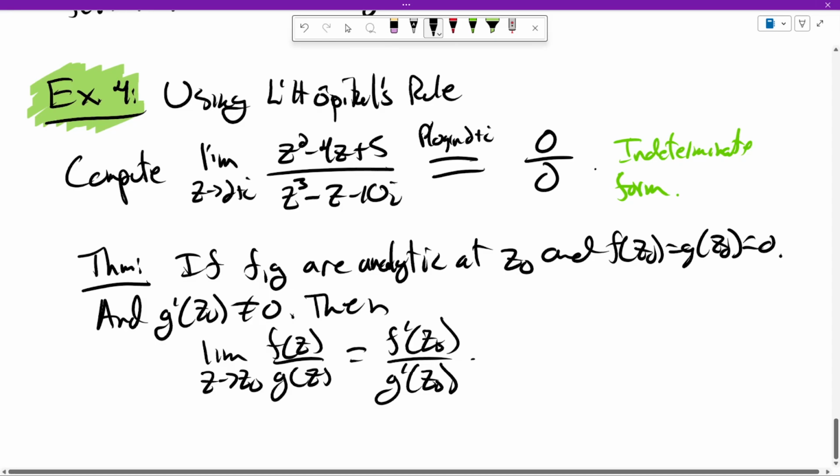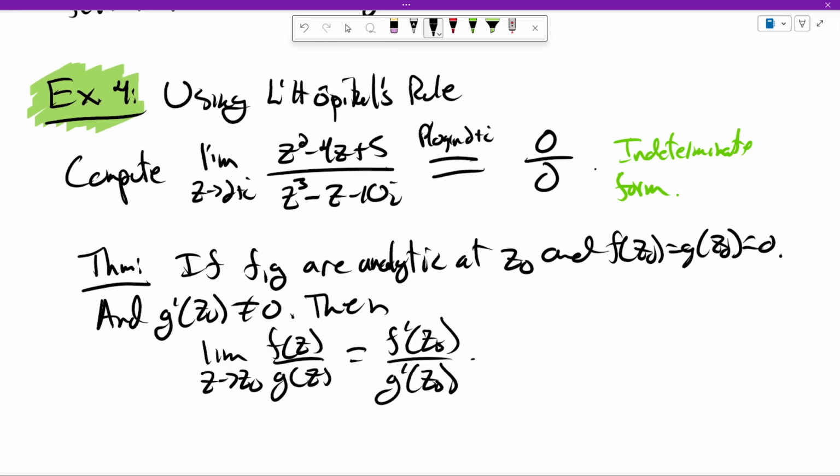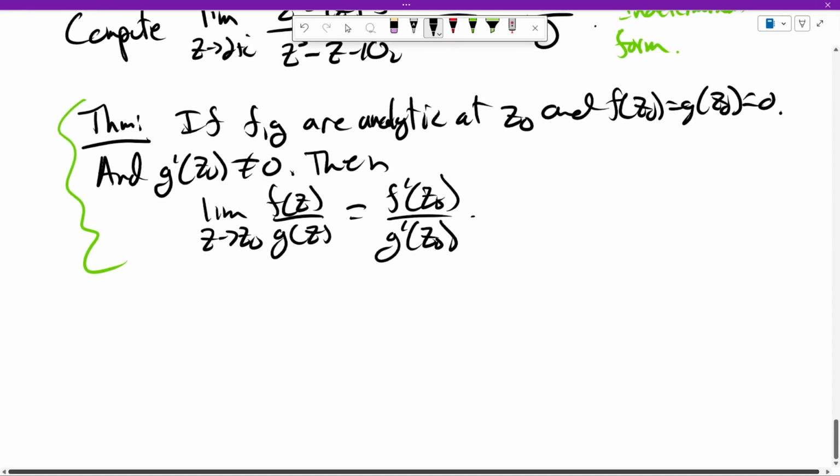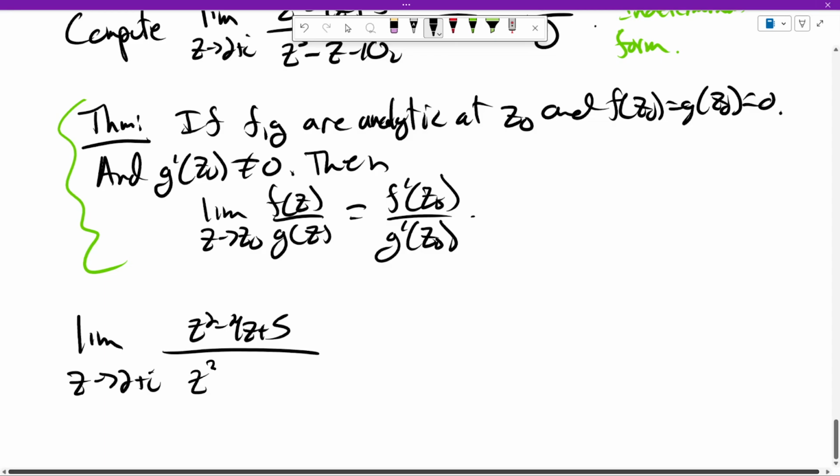Okay, so let's apply L'Hopital's rule to this limit. Let me rewrite the limit real quick. That was z squared minus 4z plus 5 over z cubed minus z minus 10i.